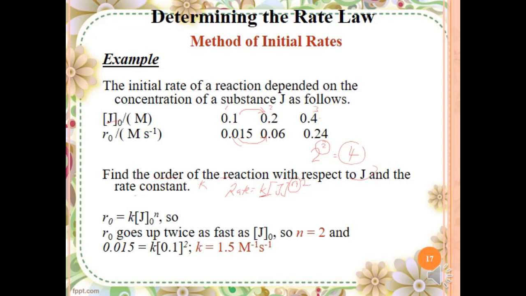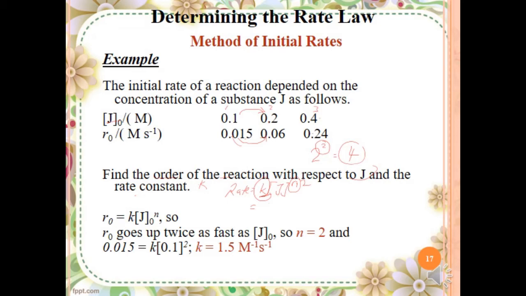Second order. Now, let us solve for the rate constant K. How to find K? First we select any set here. Let's say we go for the first set.